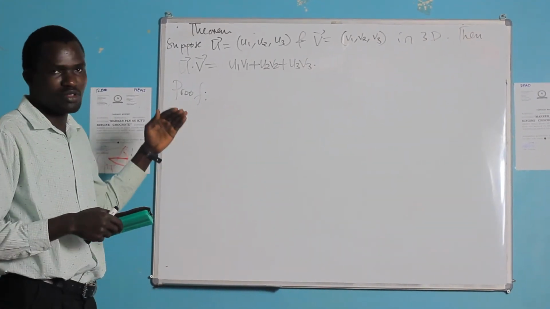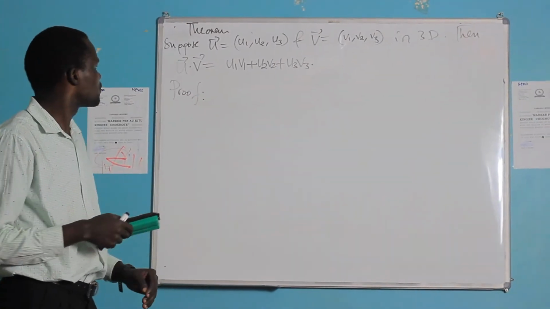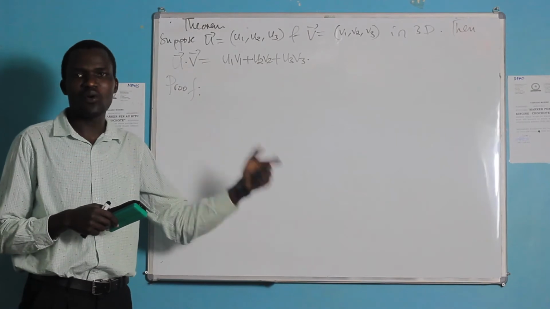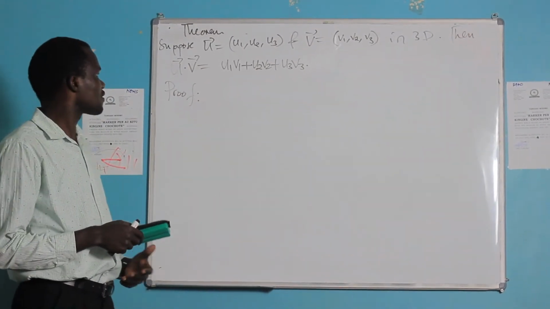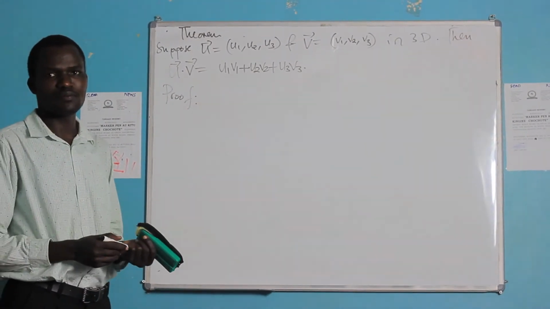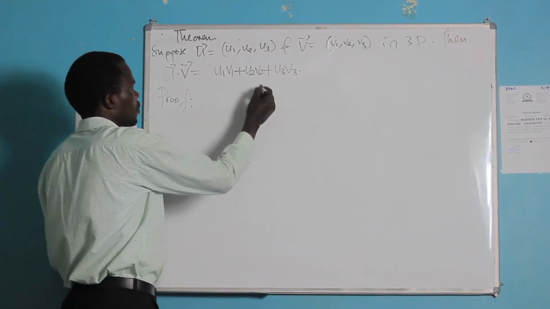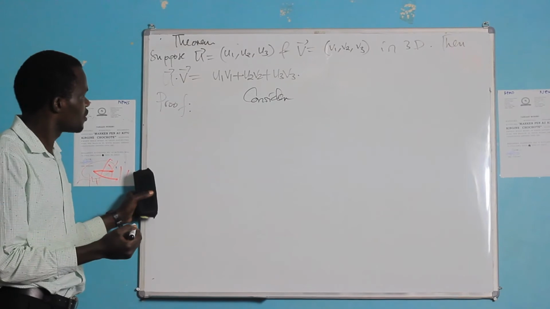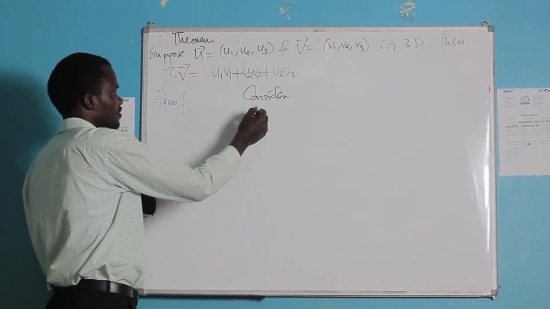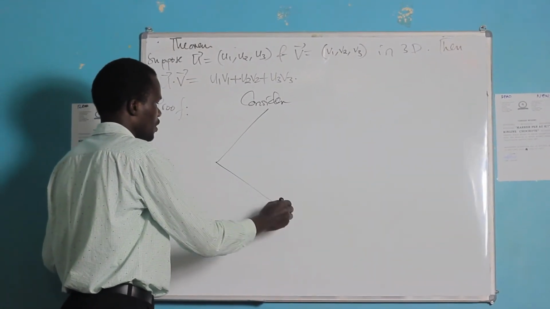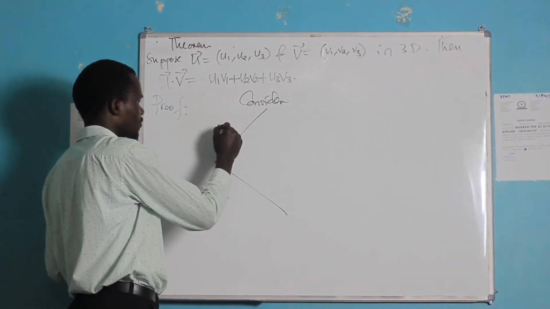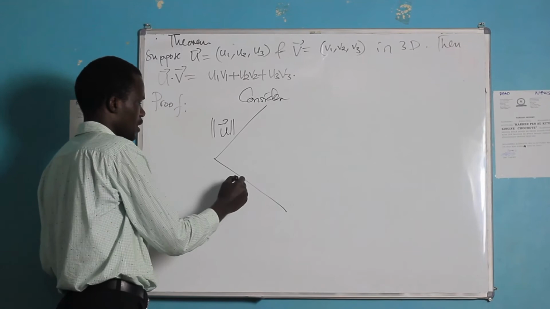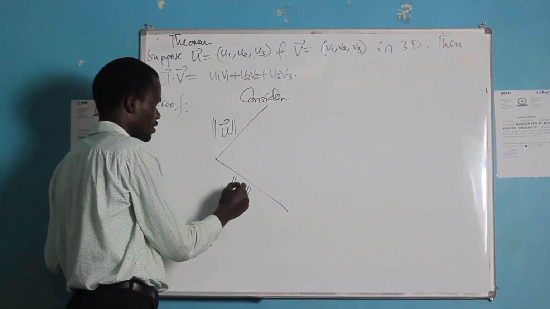Then the dot product between these two vectors is the sum of the products of the corresponding components of the two vectors. So let's prove this one. Okay, consider the following sketch or diagram. Let's say this is the norm of the vector u, and this is the norm of the vector v.